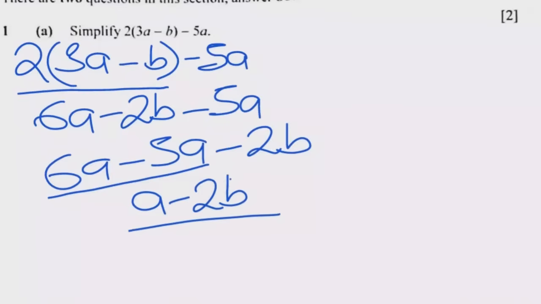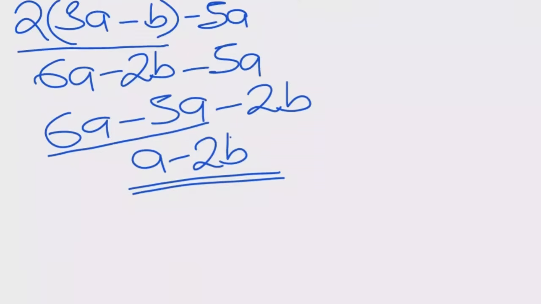Now like this, we have evaluated that expression completely. So simplifying 2(3a - b) - 5a gives us a - 2b. If you have no questions, let's go to question 1B.